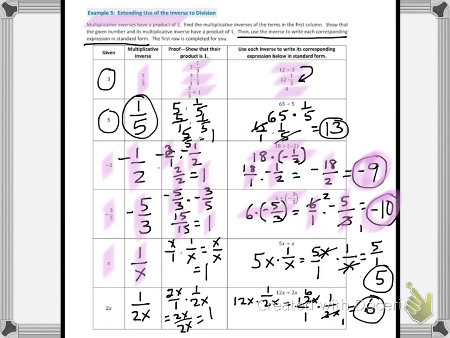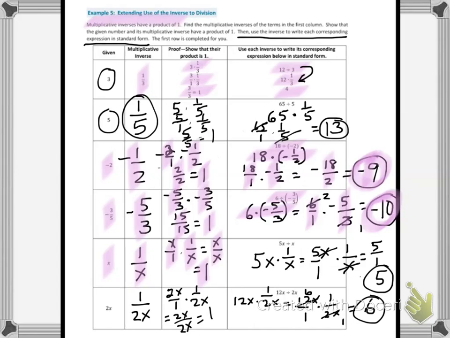Therefore, that is going to hold true with x as well. All right? And then if we did the proof over here, x over 1 times 1 over x equals x over x. And x over x actually equals 1, because anything over itself is going to equal 1.